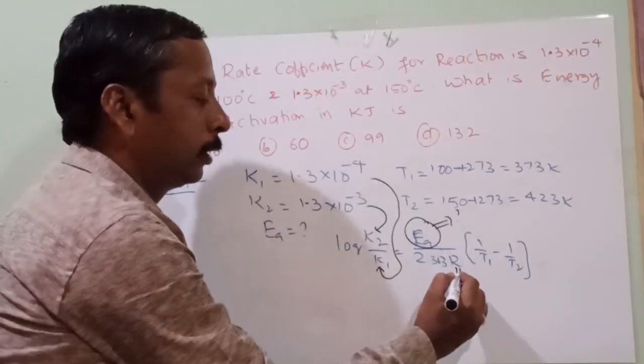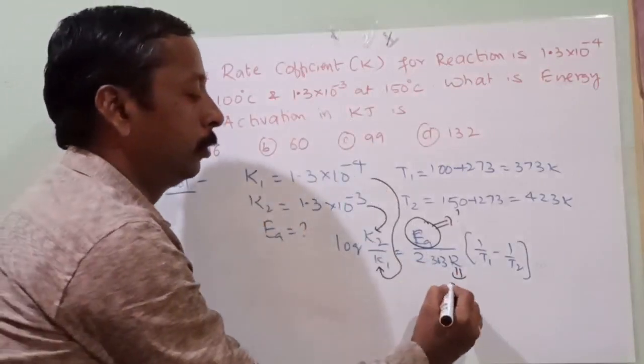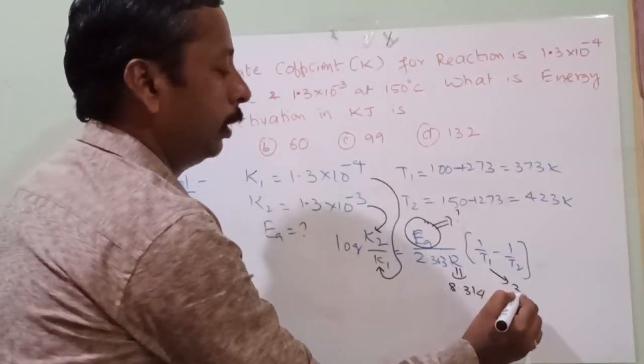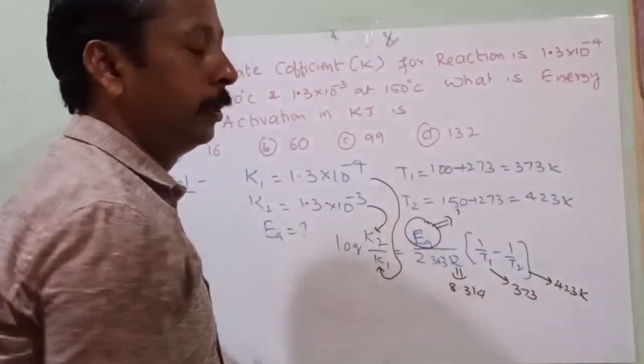R value, just now I told you how much you will substitute. Look at the option, kilojoules, 8.314. T1 is equal to 373. T2 is equal to 423 Kelvin.